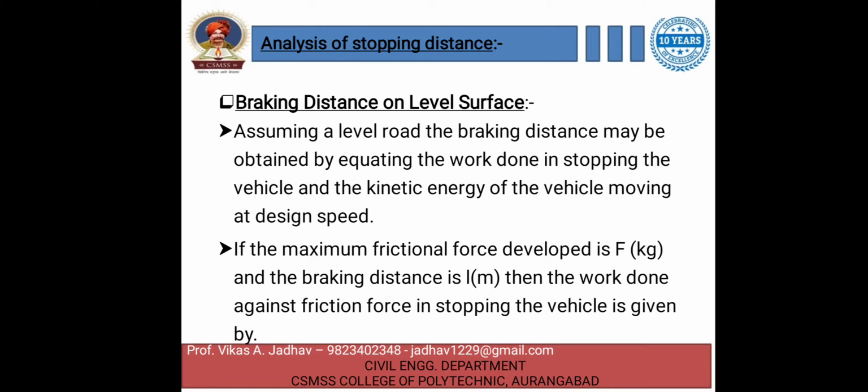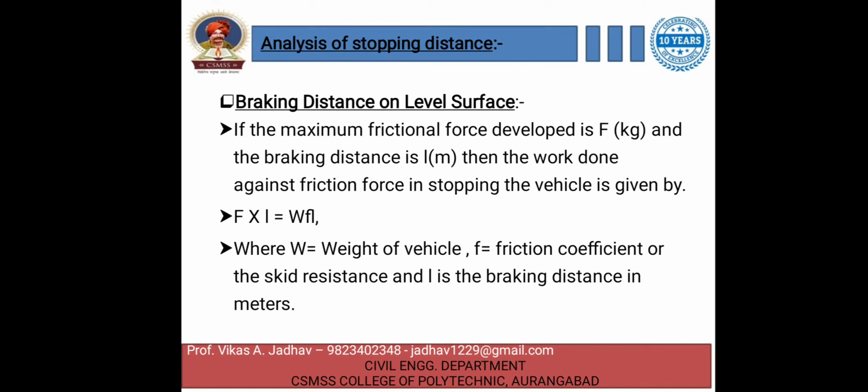If the maximum friction force developed is F and braking distance is L, then the work done against friction force in stopping the vehicle is F into L, which is equal to WfL, where W is the weight of vehicle, f is the friction coefficient, and L is the braking distance in meters. In this way you can find the work done.